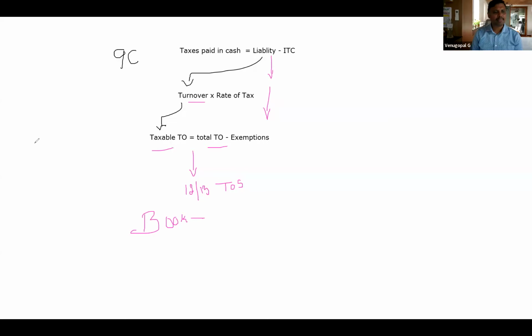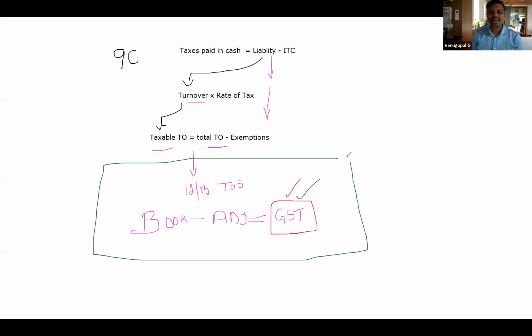So I will say my book turnover minus adjustment will be my GST turnover. That means we are now trying to derive the turnover on which the GST is applicable, tax is applicable.